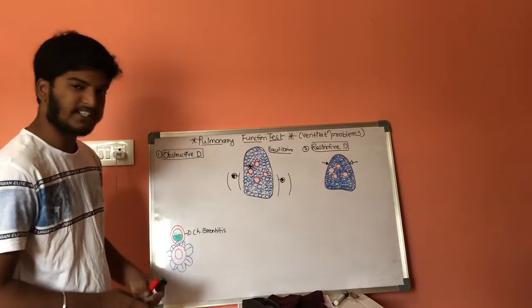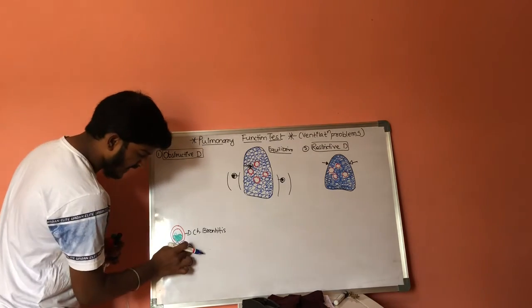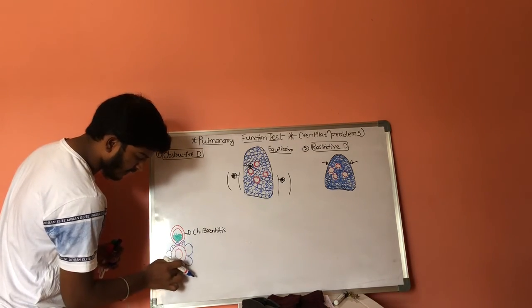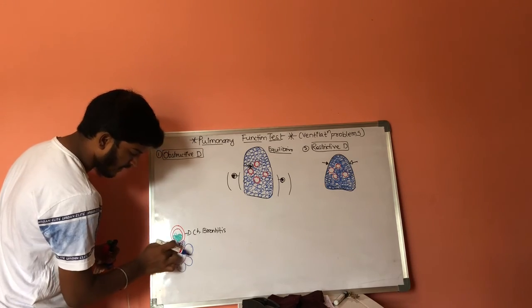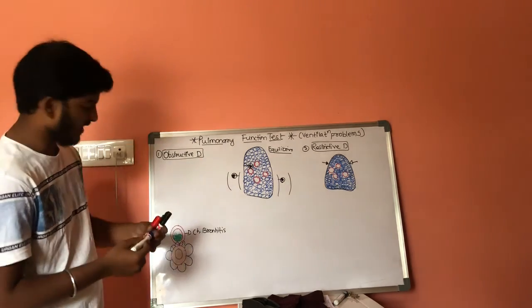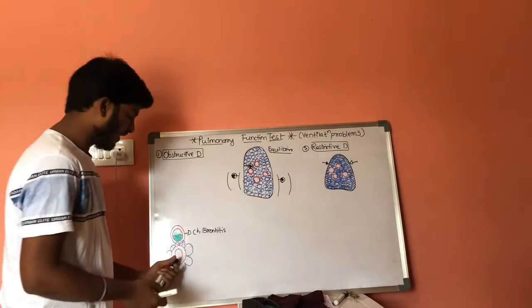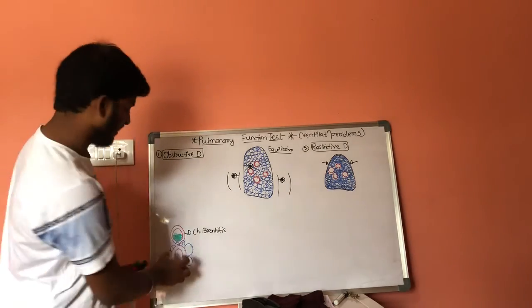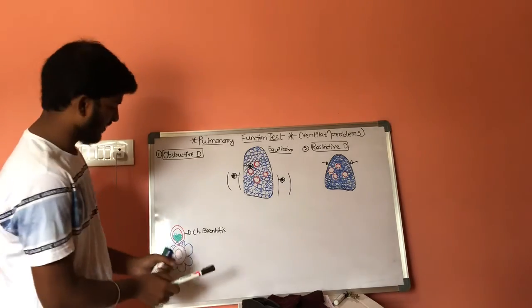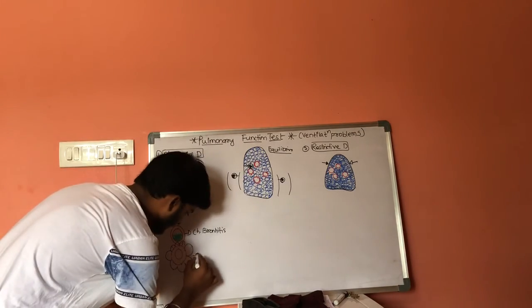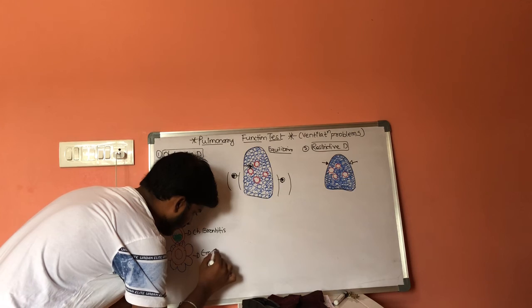In case of emphysema, these elastic fibers will get denatured. And ultimately there will be more contraction of the airways, resulting in a decrease in the size of the airways. This condition is called emphysema.